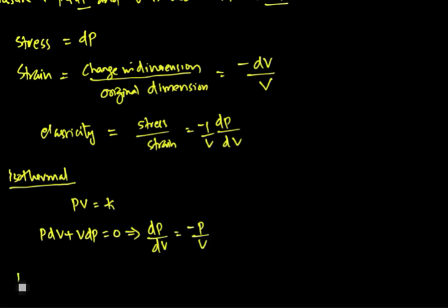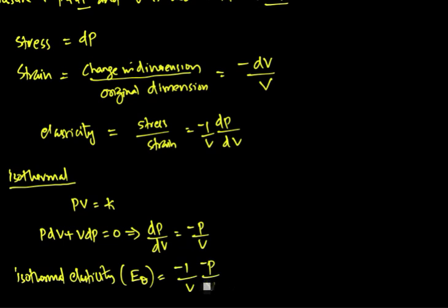So isothermal elasticity is usually represented by E theta. Oh sorry, there is a mistake here. Here it is stress by strain.